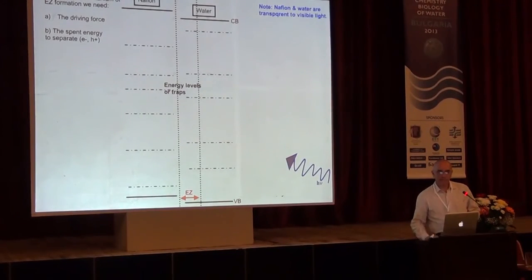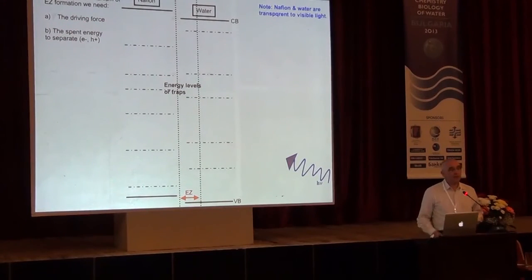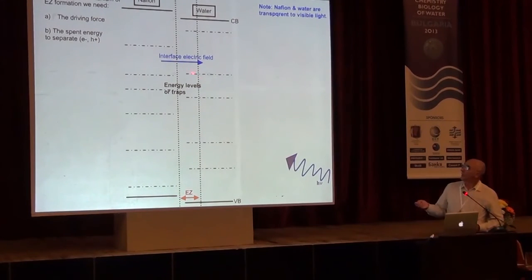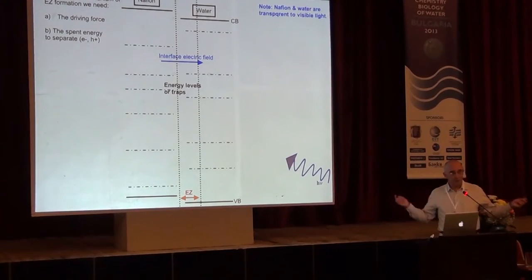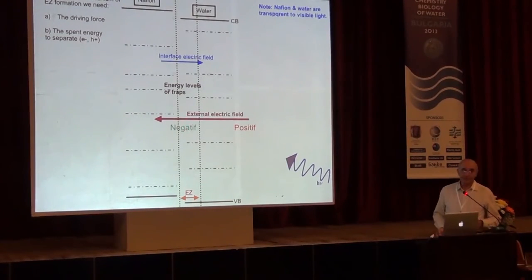So in this case, with the same system, and trying to have the driving force and the spent energy to separate charges with the light shining on, we should have an electric field in this sense for the charge separated system, because the external electric field is in this sense, because you have plus here and negative here.